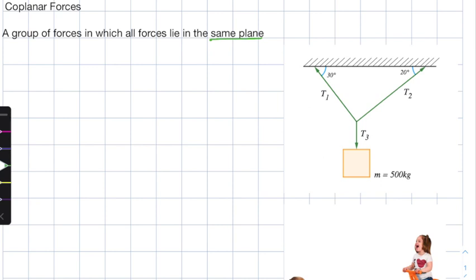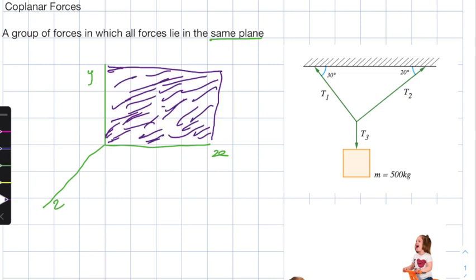So you can visualize your room, your table surface, this surface. Let me make another.